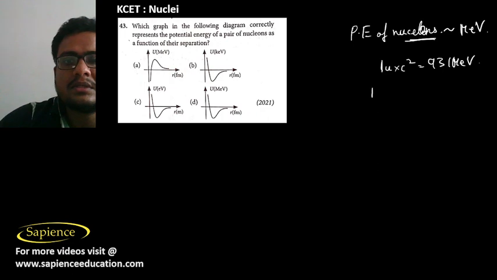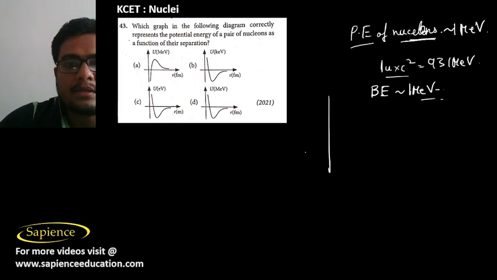It means the binding energy of every nucleus is of the order of mega electron volt. So the potential energy of the nucleons will also be of the order of mega electron volt.